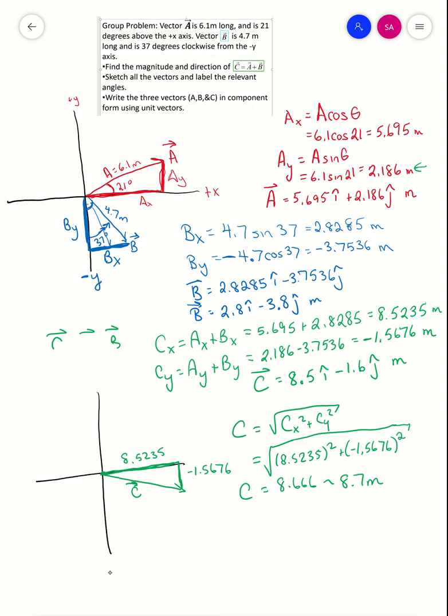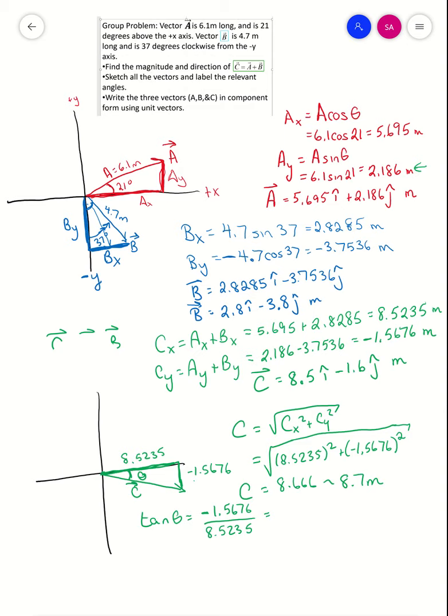The angle, now the angle is in there. So to get the angle, what we do is we do the tan, which is opposite over adjacent. So tan theta is opposite, which is the 1.5676, and put that in as negative, divided by adjacent, 8.5235.